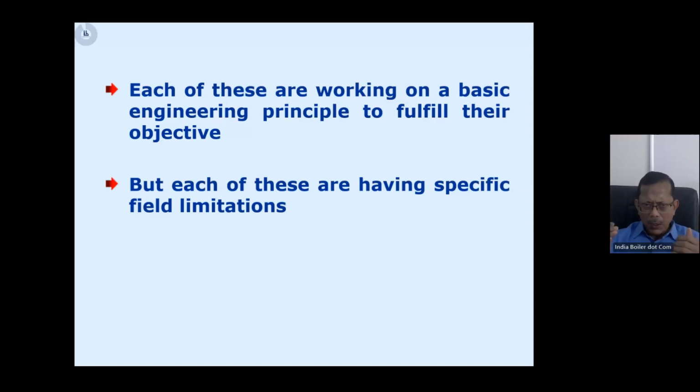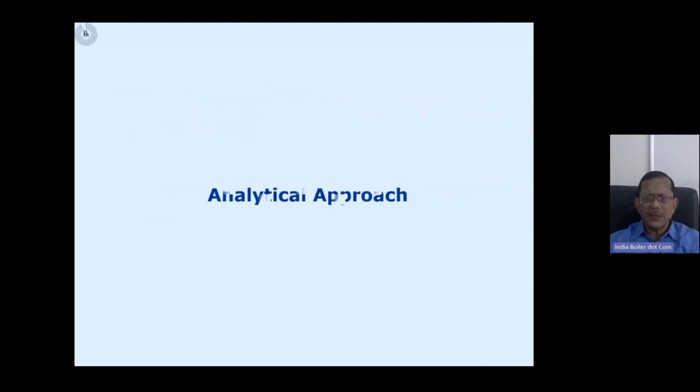So if you are approaching analytically, a straightforward understanding is going to give you the best result when it is reaching towards the ideal condition, right? So that is the basic approach we need to take. Now let me first give you a step-by-step approach towards the boiler system, how to become analytical, right?